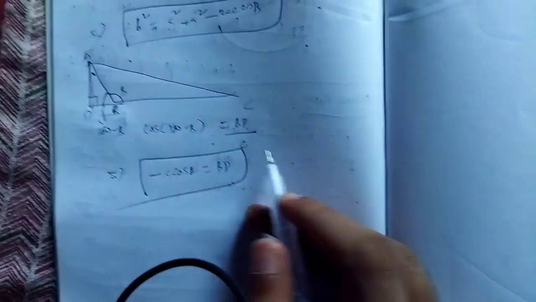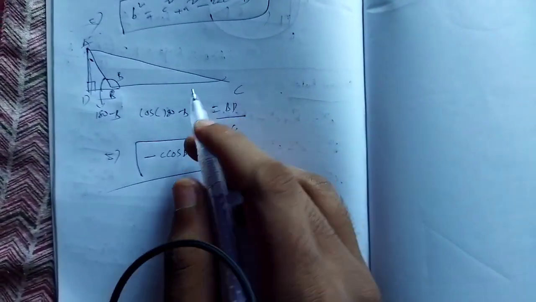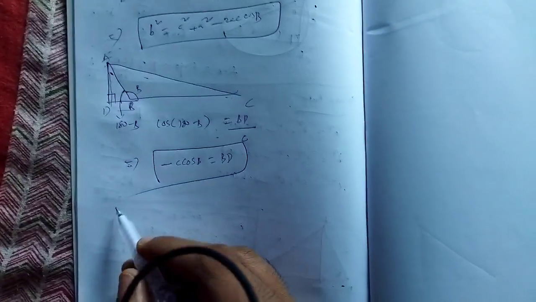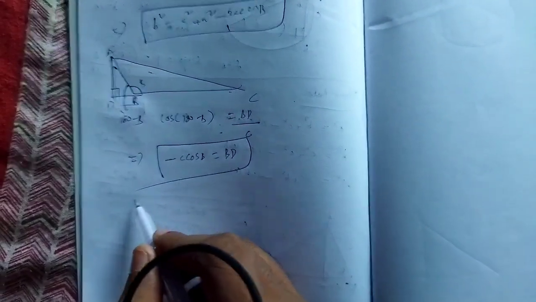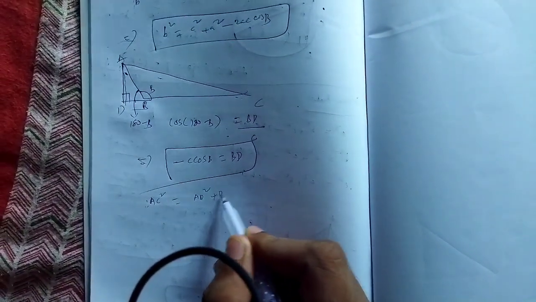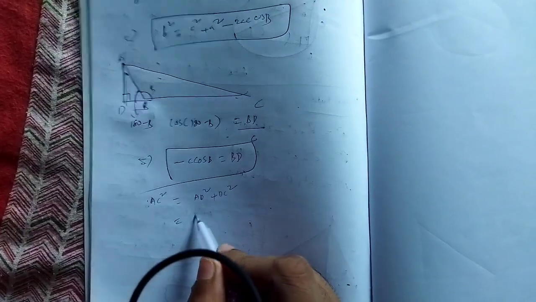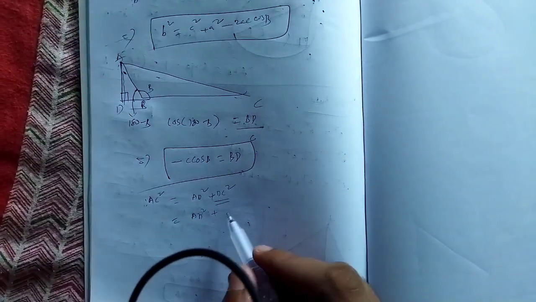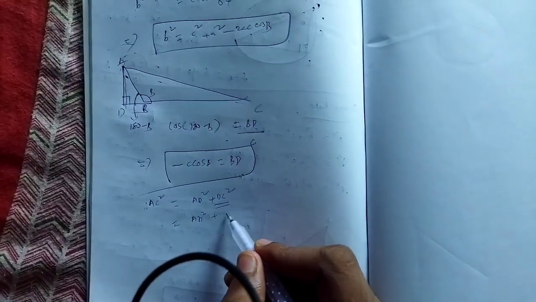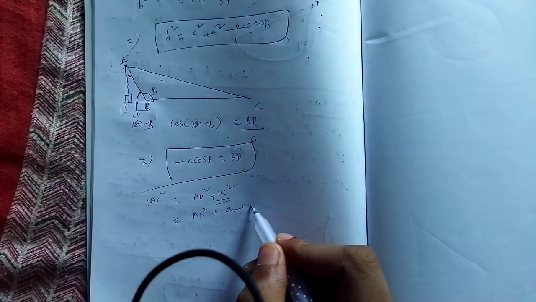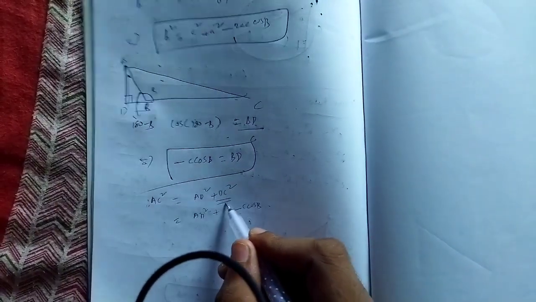And similarly, if we write the Pythagoras theorem in triangle ADC, AC square equals AD square plus DC square, and DC is nothing but BD plus BC. BC is a plus BD, which is minus c cos B, right? And it's square.